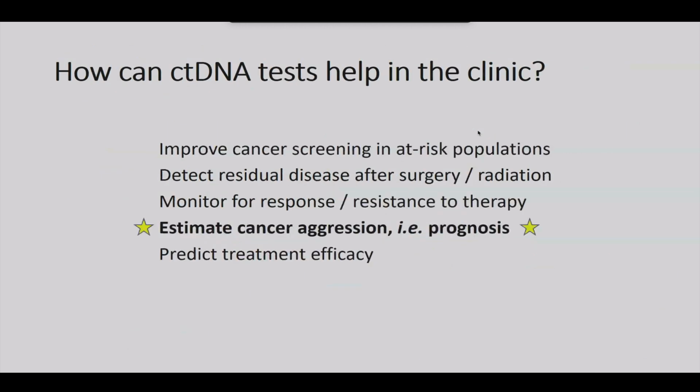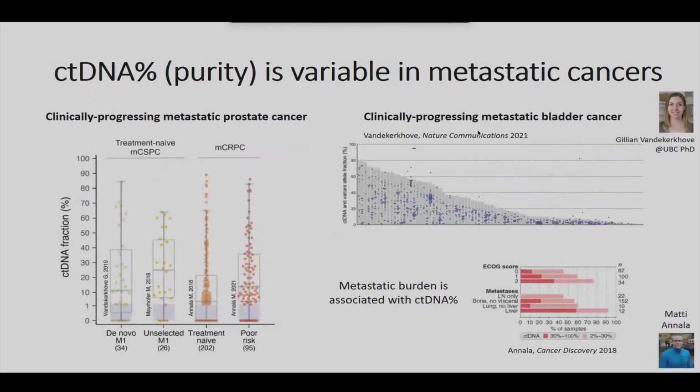So the second area I want to talk about is to estimate cancer aggression, i.e. prognosis. The first point I'll highlight is that ctDNA purity is variable in metastatic cancers and probably in local disease as well.